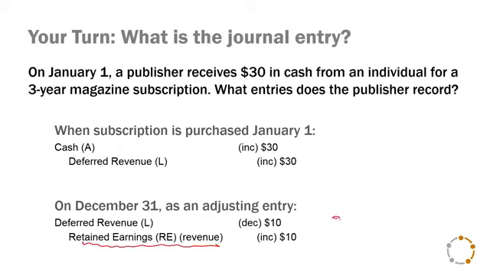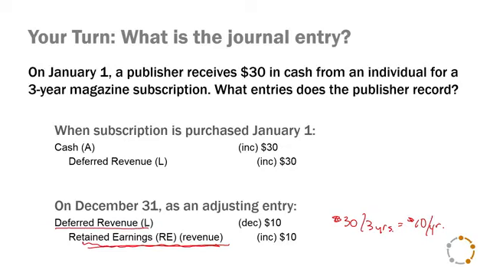And since we had a $30 subscription that was 3 years, the simple math tells us that each year is about $10, so the company's entitled to record that $10 in revenue at the end of the first year. So it would record the revenue as the right-hand side to retained earnings, and then the left-hand side would be a reduction in the deferred revenue liability.